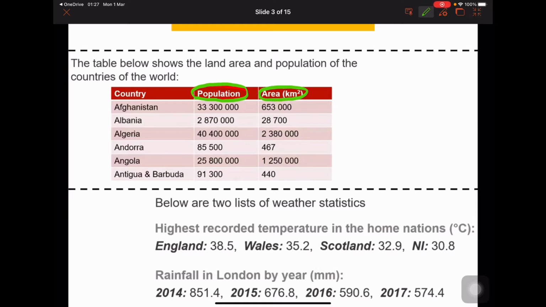And crucially, these 2 values correspond to each other, and they're paired up by the fact that they have the same country. And it's the same for all the other pairs of values. They all represent or are linked to a particular country. And so this is an example of bivariate data.